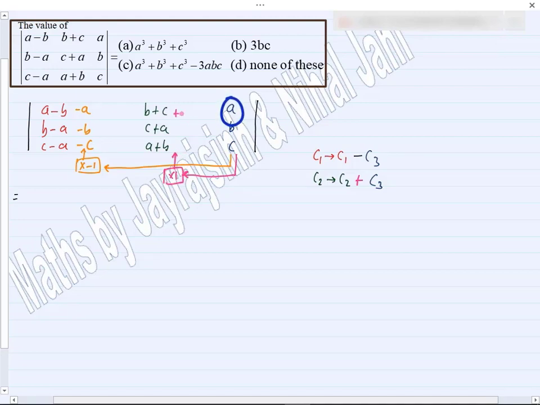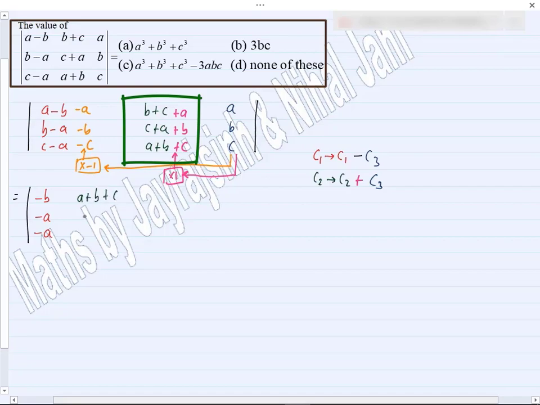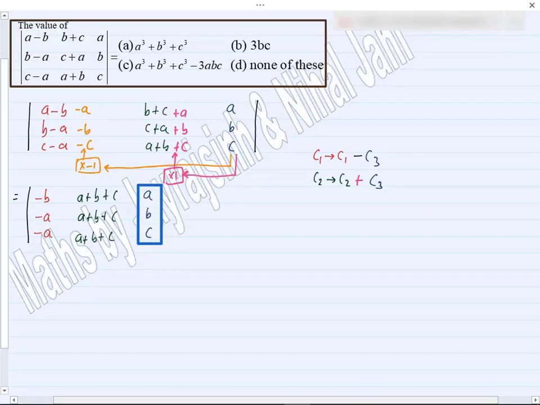So here we'll get plus a, plus b and plus c. So our modified determinant will be, a cancels out, we'll get minus b, minus a and minus a. And our second column will be a plus b plus c, a plus b plus c and a plus b plus c. And the third column will be as it is, a, b and c.